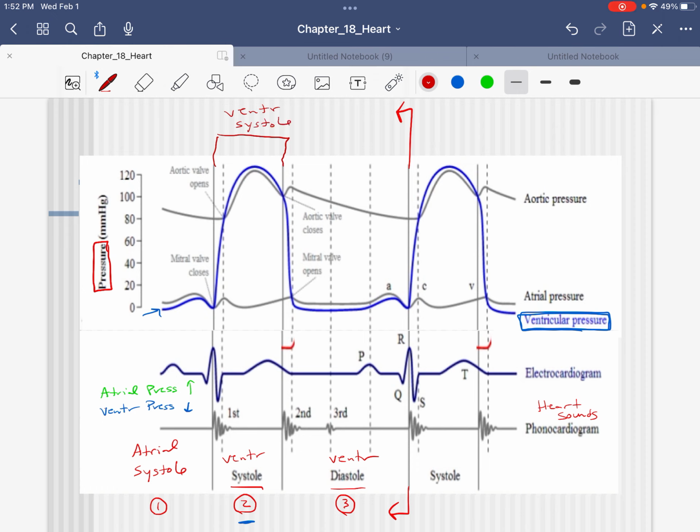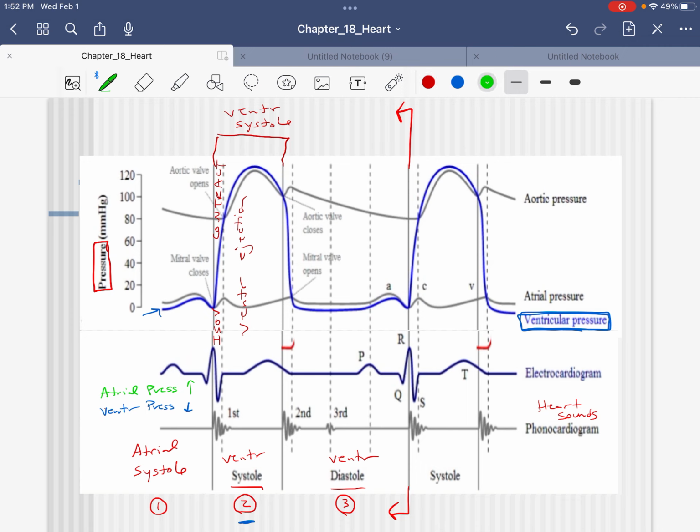But the dotted line is showing us the period of isovolumetric contraction. So this part is isovolumetric contraction, and the remaining is ventricular ejection. Didn't we break ventricular systole down into 2 parts? Yes, we did.